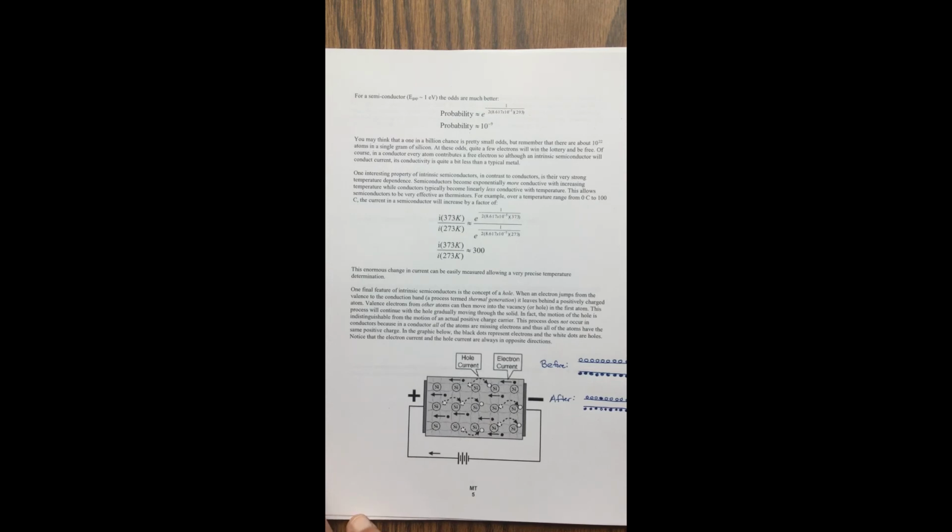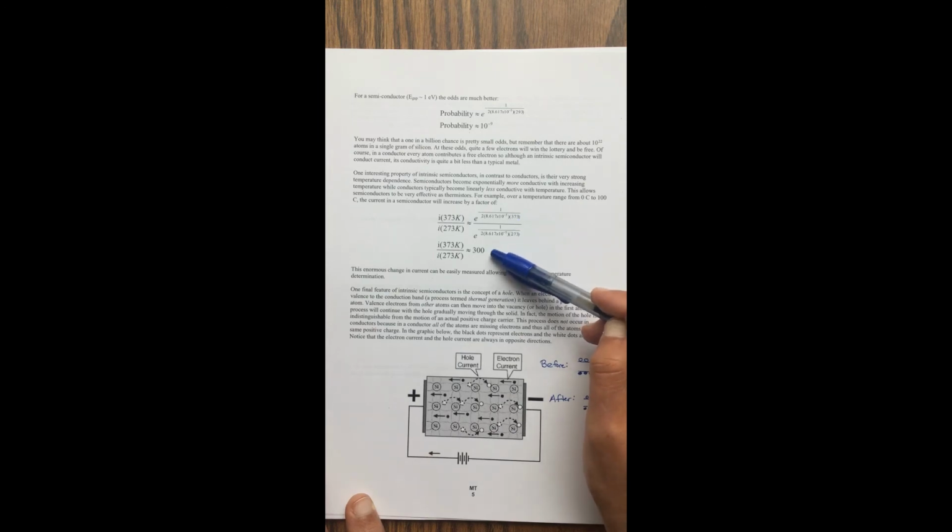For example, over a temperature range from 0 degrees Celsius to 100 degrees Celsius, the current in a semiconductor will increase by a factor of... 0 degrees Celsius is 273 Kelvin, 100 degrees Celsius is 373 Kelvin. If we take the ratio here, we get 300. This enormous change in current can be easily measured, allowing a very precise temperature determination.